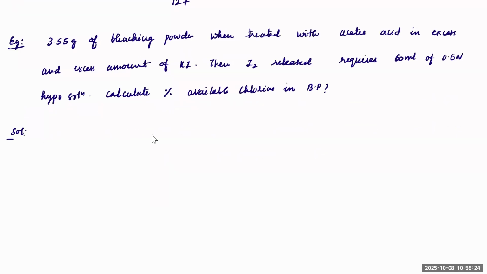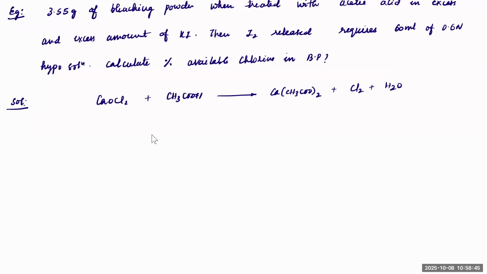What might be the reactions happening? See, CaOCl2 plus acetic acid, CH3COOH, that must be making it as Ca(CH3COO)2 plus Cl2 plus H2O. Now, if you notice the ratio wise also, we can have 1:1 mole of chlorine, correct?